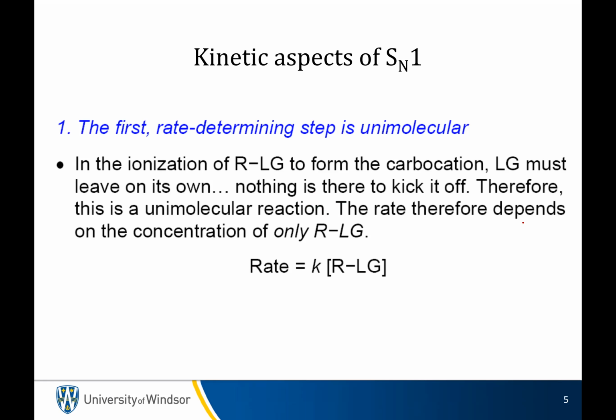So the SN2 reaction relied on the concentration of both nucleophile and electrophile because the rate determining step had both the nucleophile and electrophile in it. In the SN1 reaction, it doesn't matter how much nucleophile is present because the only thing that matters is how fast that leaving group leaves. So this is actually a question that we discussed in a graduate class I took on physical organic chemistry.